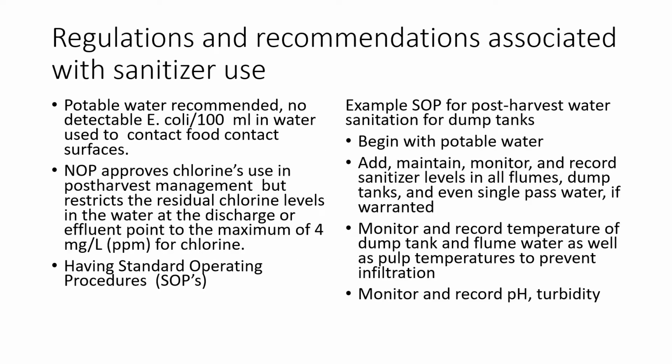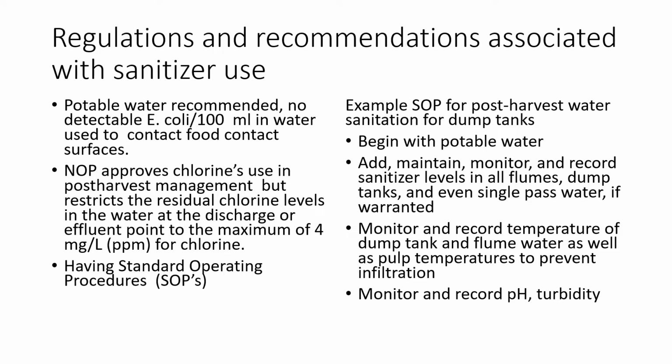Now, again, there are many regulations and recommendations associated with sanitizer use. Obviously, this is a science, and optimal use of a sanitizer is very important, not only to reduce microbial population, but also to keep the consumer safe and prevent the bacteria from becoming tolerant or resistant to the sanitizer.